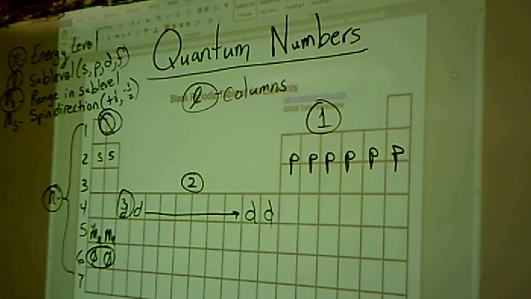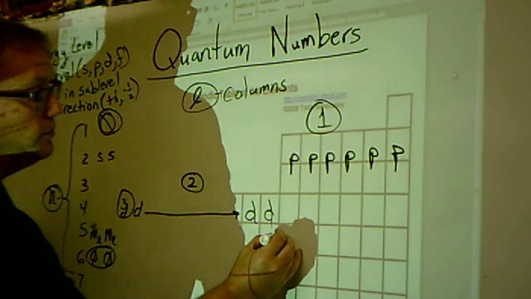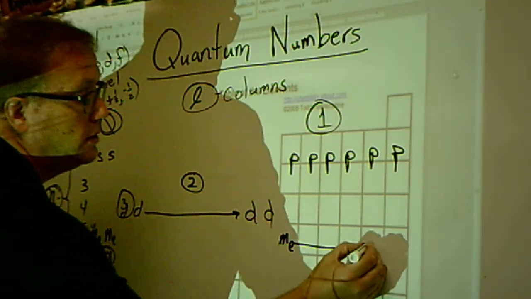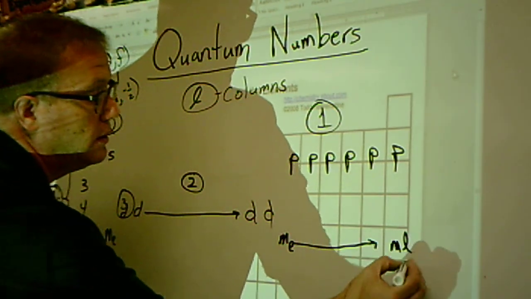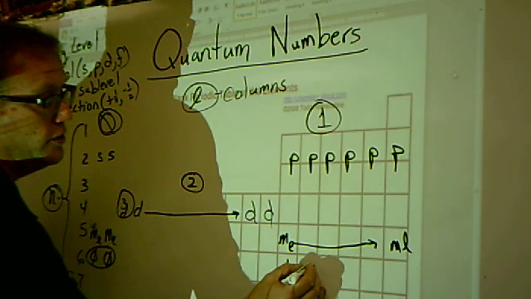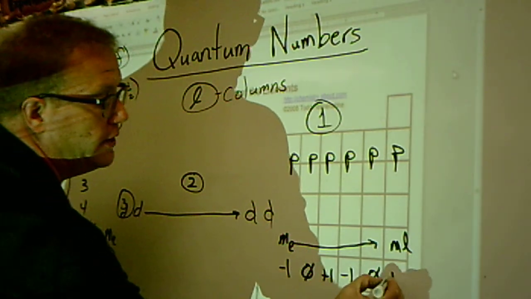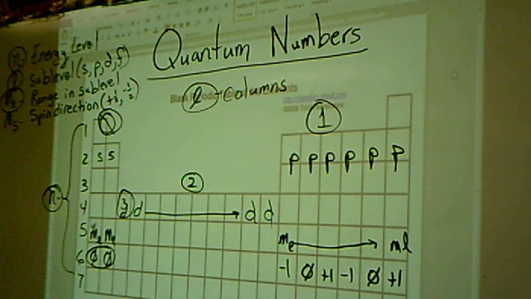Now if I'm going to do my MLs over here, my range is going to be -1, 0, +1, -1, 0, +1. Again, it follows a sequence.